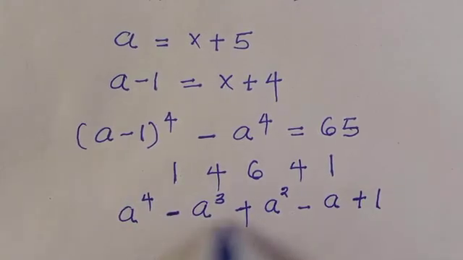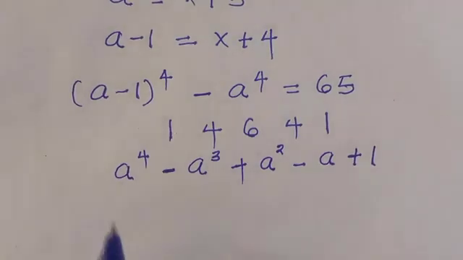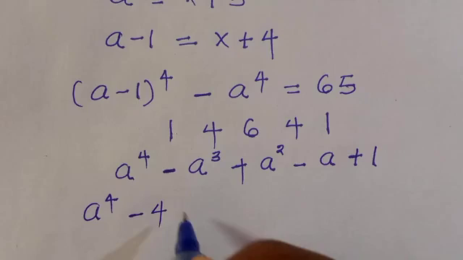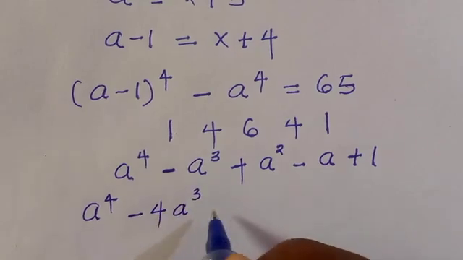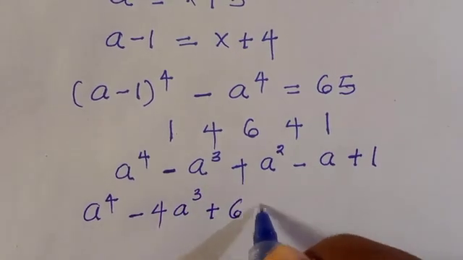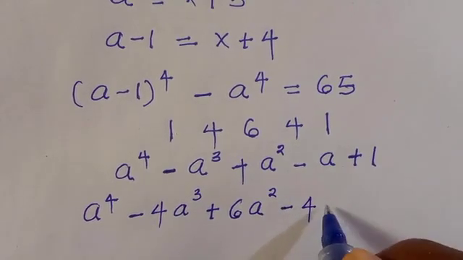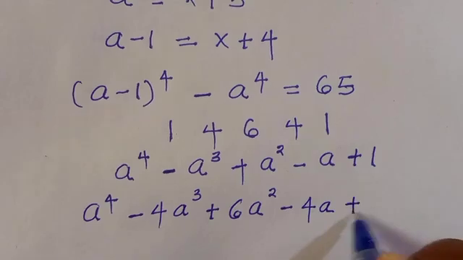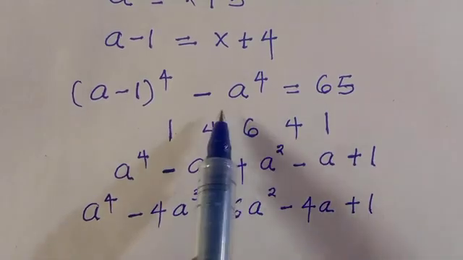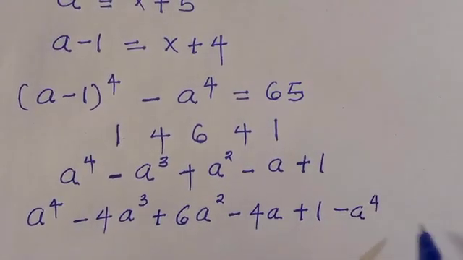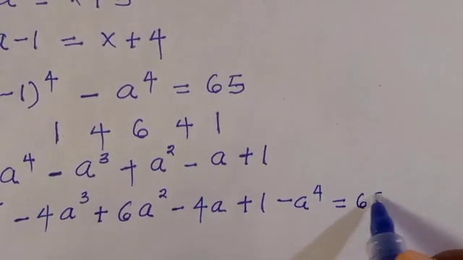But when we introduce the coefficients, what we have is a^4 minus 4a^3 plus 6a^2 minus 4a plus 1. And with this we have minus a^4 equals 65.